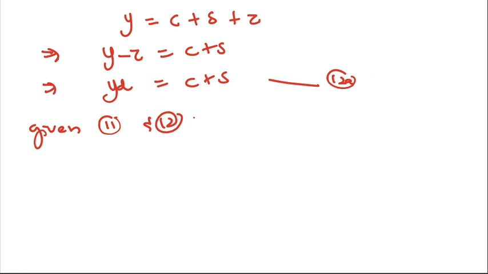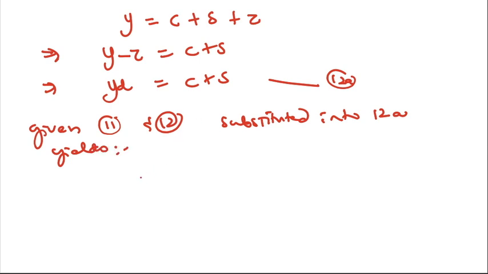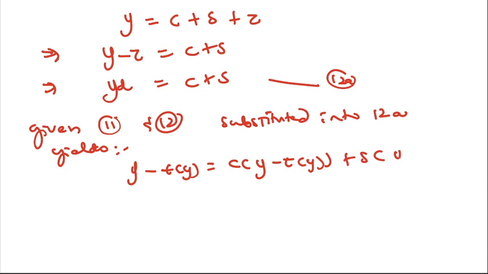So we have these 11 and 12 substituted into 12a, which yields the following: y minus tau as a function of y equals c as a function of disposable income plus saving as a function of disposable income. And here we call it 12b.